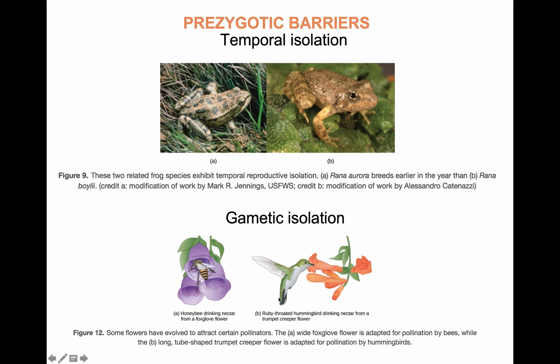So the type of pollinator that a plant uses limits the type of different plants that it can mate with. So their gametes will not meet because of the pollinators that they have.